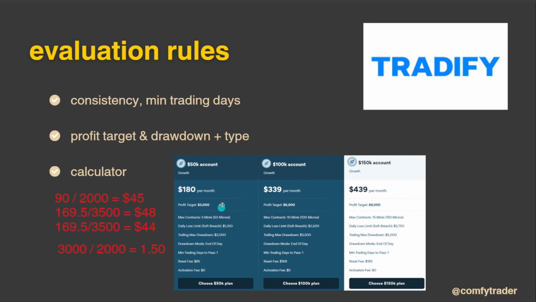If the profit target is $3,000 and I have a drawdown of $2,000, I personally like to calculate a risk factor here, and the numbers tell us that the smaller accounts are easier to achieve.